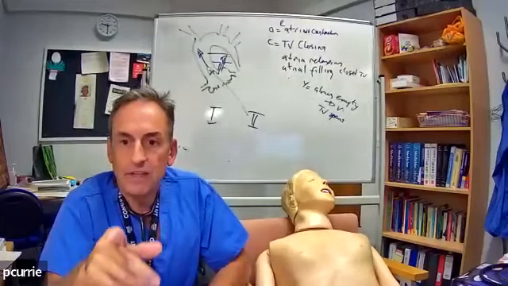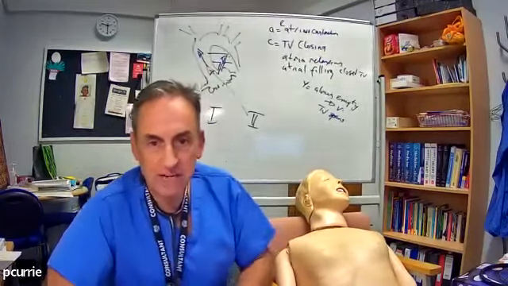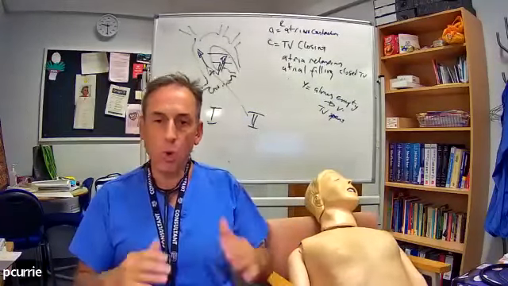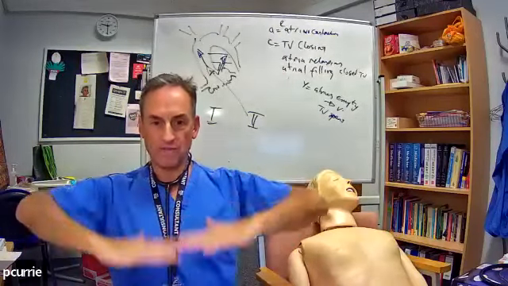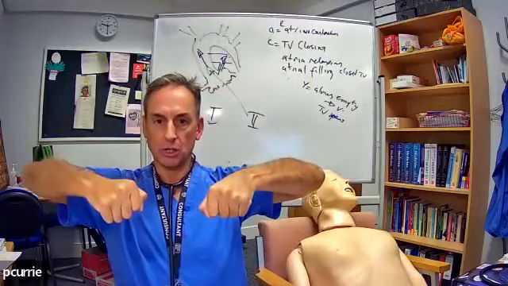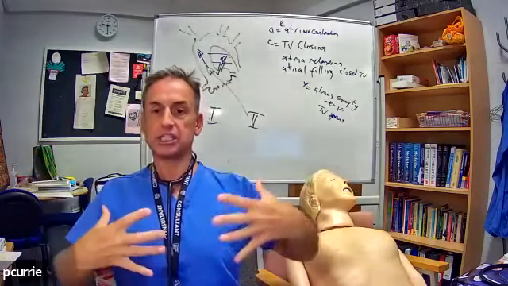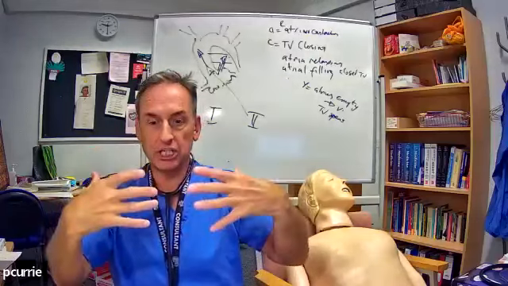Now, one of the students made a very good point about the JVP. And I'd just like you to think about what happens when we breathe. When we breathe, we flatten our diaphragms and we pull up the bucket handles that are our ribs, and we increase our intrathoracic volume and reduce the pressure.